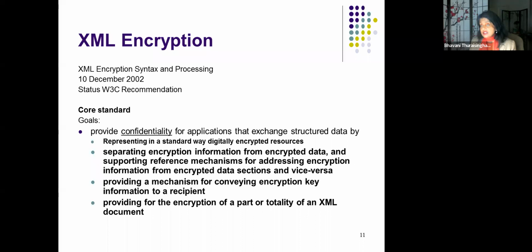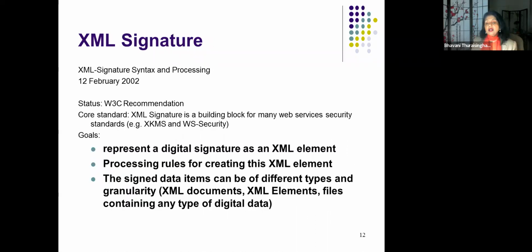For integrity and authenticity, that's the next one, right, XML signature. So that was also in 2002, it became a standard. It represents digital signature, right? And processing rules for creating XML elements. These signed data can be of different types. So essentially the standard specifies what are the things that have to be encrypted in general.